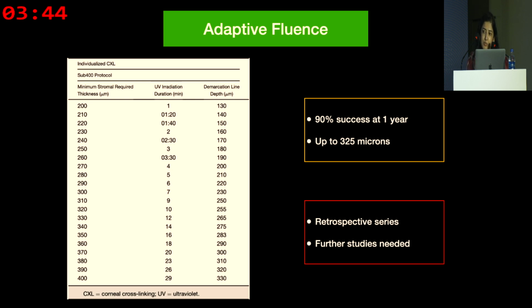They recommended that up to 325 microns, this technique can be tried, although they have taken patients less than that, and have reported a 90% success at 1 year follow-up. However, a word of caution, because it was a retrospective series, it was not a prospective trial, and there have been no randomized trials yet to show how effective this particular technique is, and further studies with long-term follow-ups will be required.